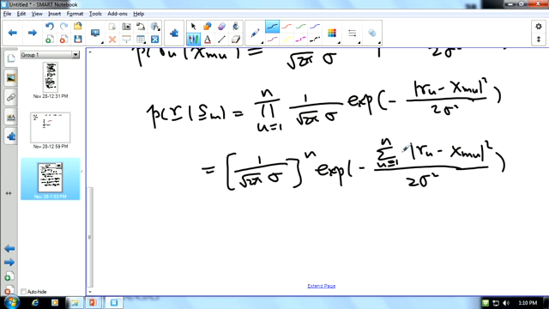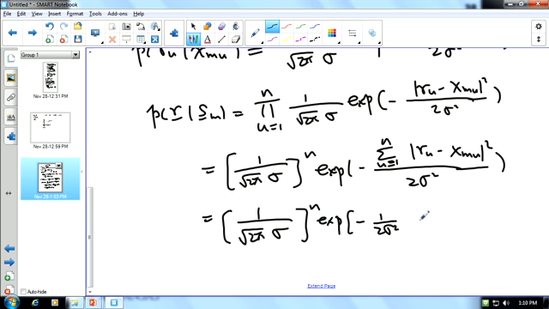And this sum is exactly the norm of R minus X_m squared, which is the Euclidean distance squared between these two vectors.